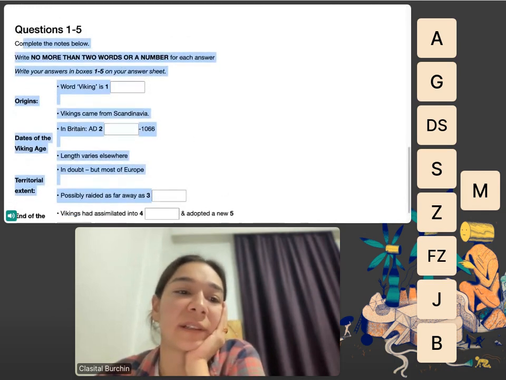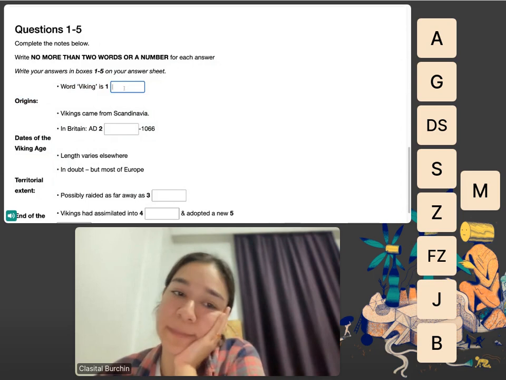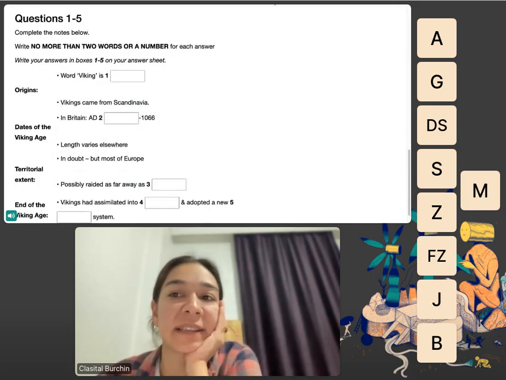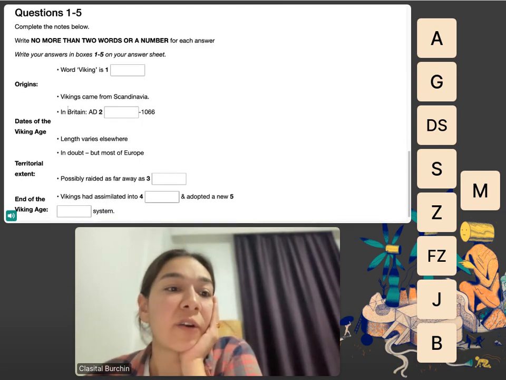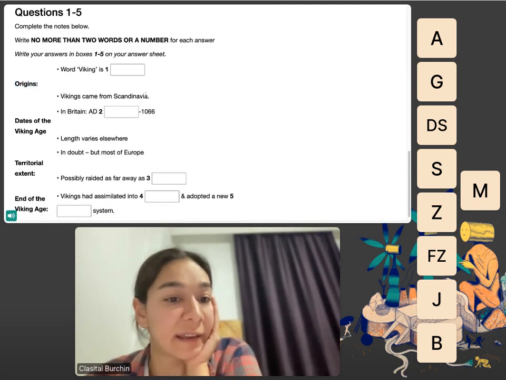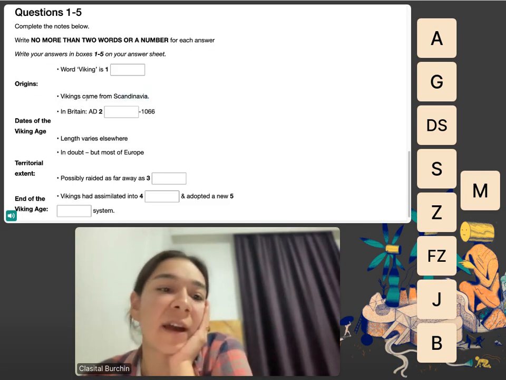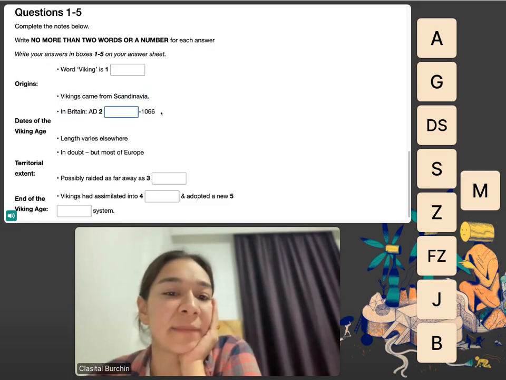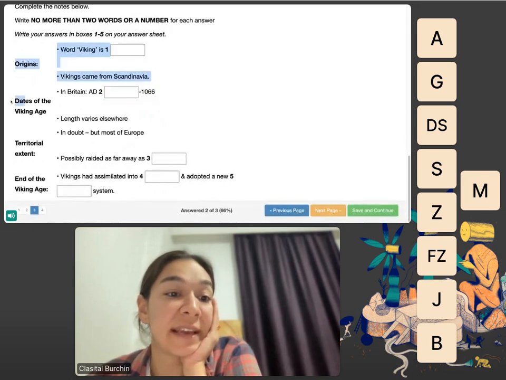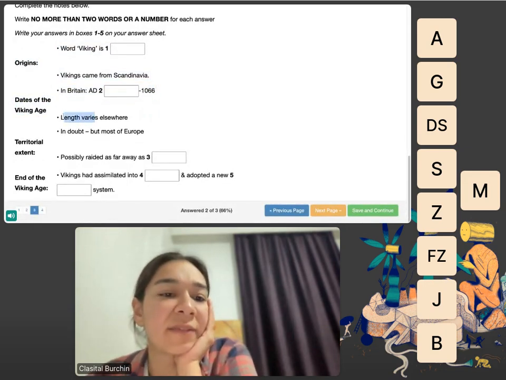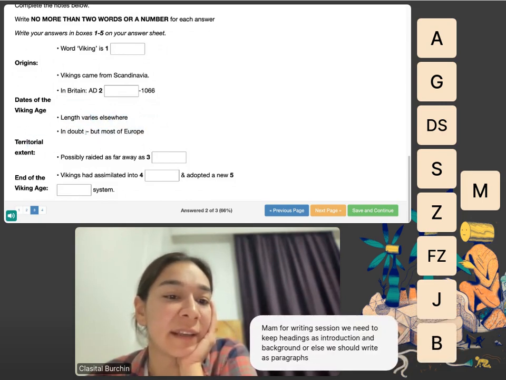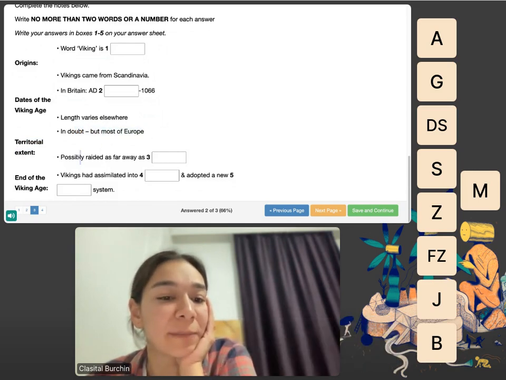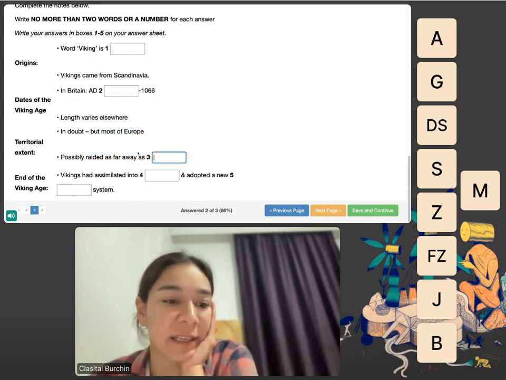Again, we have a table. Word Viking is something, but then I will put a dot. Origins: Vikings came from Scandinavia in Britain, AD something between something. Days of the Viking Age. Length varies. Territorial extent: most of Europe, possibly raided as far as something.